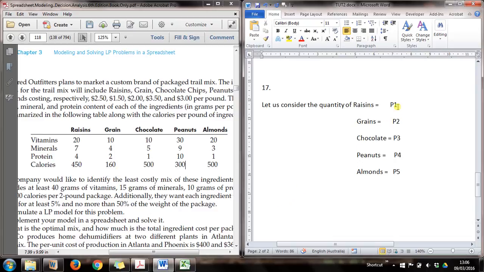So let there be P1 pounds of raisins, P2 pounds of grains, and P3 pounds of chocolates, peanuts, and almonds. These 5 are our decision variables, and what would be our objective?